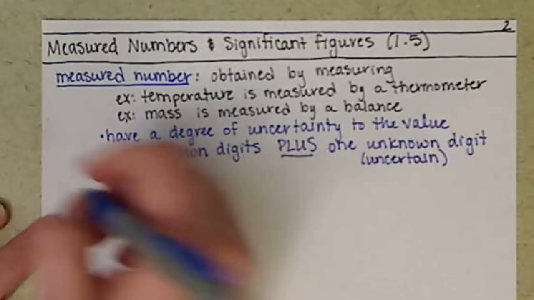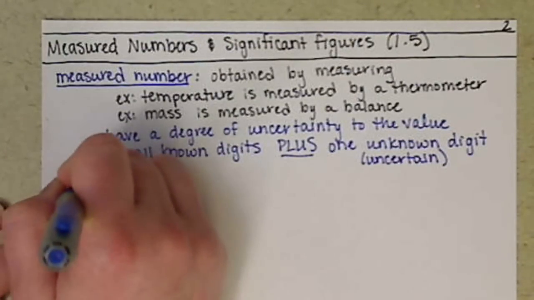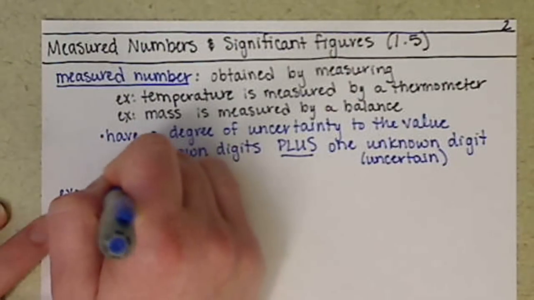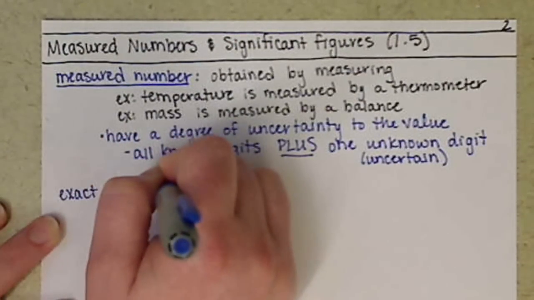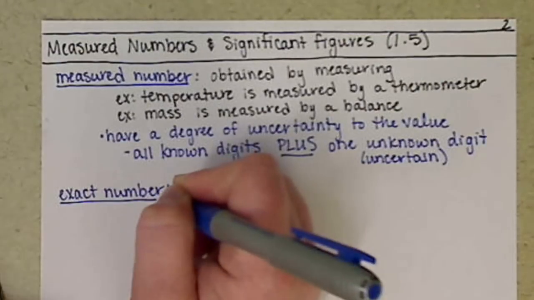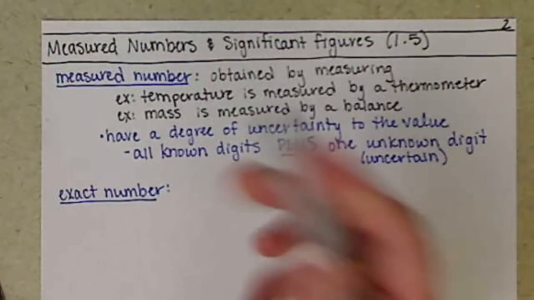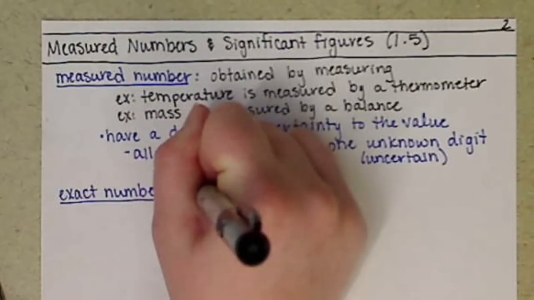Now, a measured number is different than an exact number. An exact number is typically one that's obtained by counting.